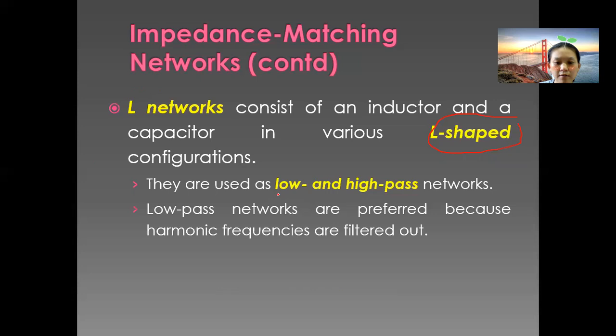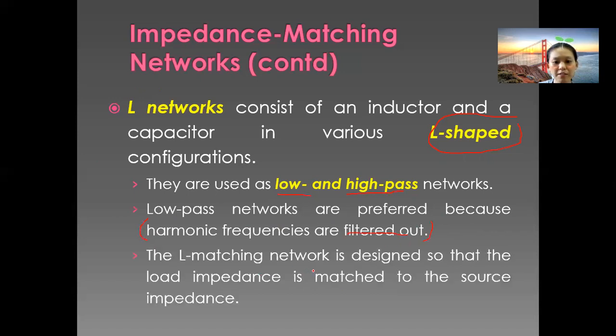It is used as a low or high pass network. Low pass is preferred because the harmonic frequencies are filtered out. The L impedance matching network is designed so that the load impedance is matched with the source impedance, which means ZL is equal to ZI.